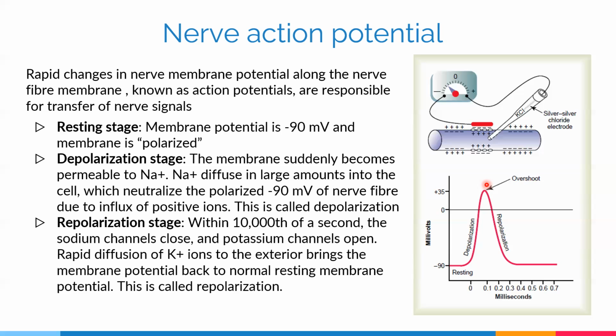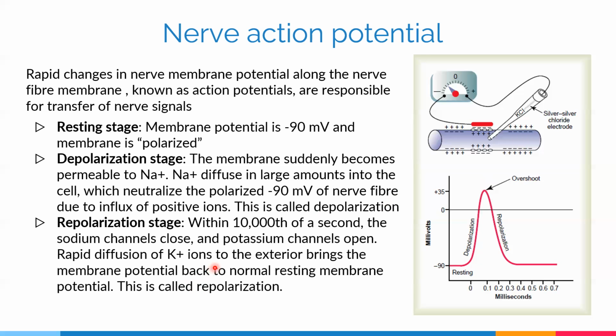This exiting of the cell essentially is the movement of positive charge outside of the cell, which again polarizes the membrane by generating a negative charge on the inside of the membrane. Thus, the movement of potassium ions and simultaneous closing of the sodium channels allows the nerve fiber to be repolarized, and thus this stage is known as the repolarization stage.